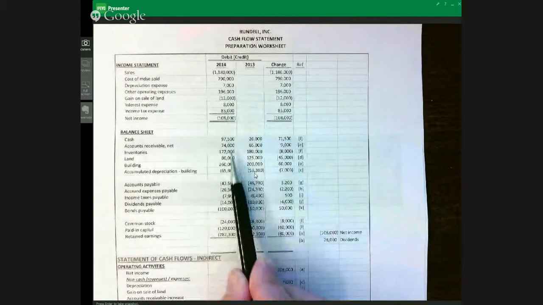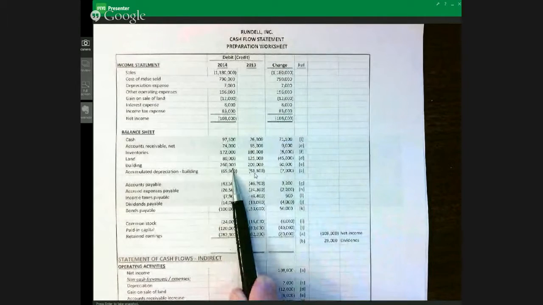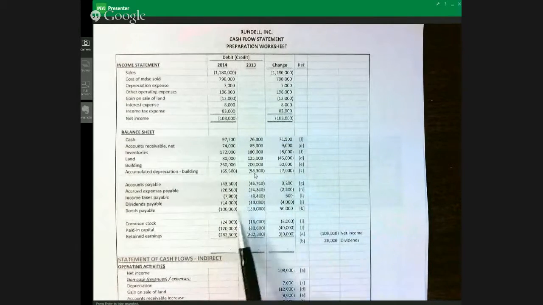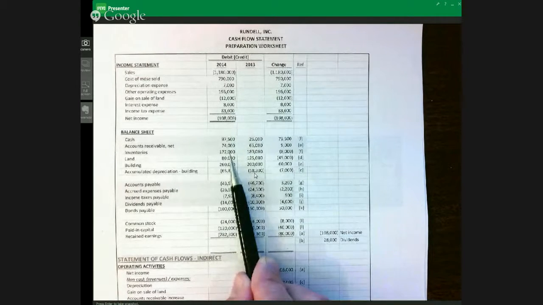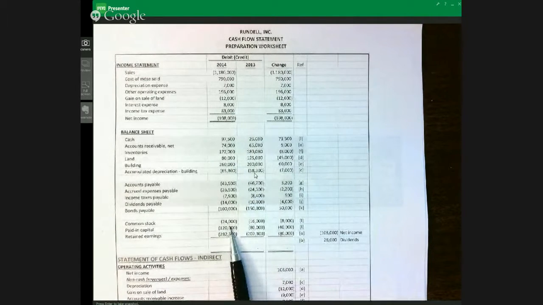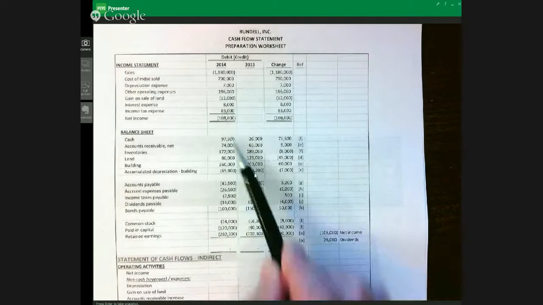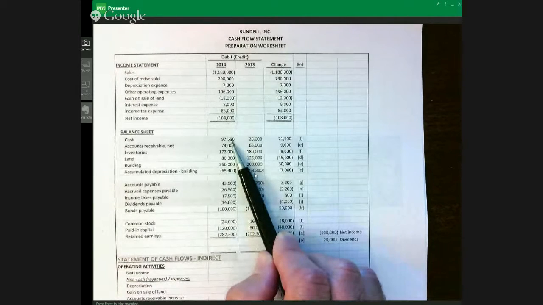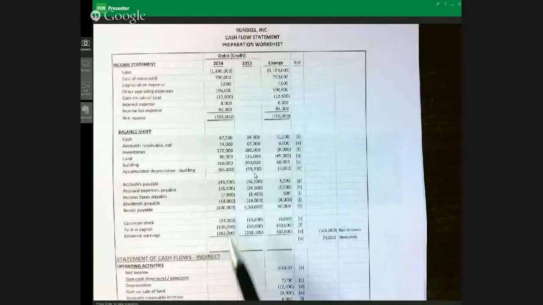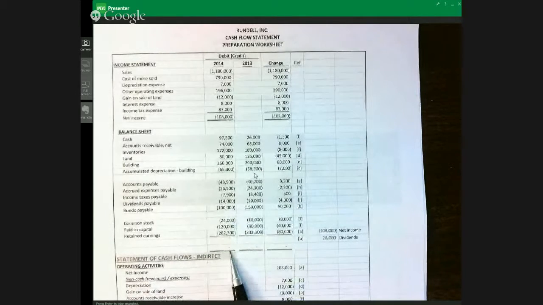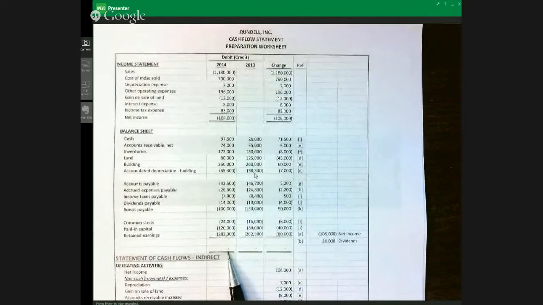So all of the asset accounts will have debit balances, and the liabilities and the owner's equity will have credit balances. If we take the total of the assets and deduct the liabilities and the owner's equity accounts, that difference would be 0.